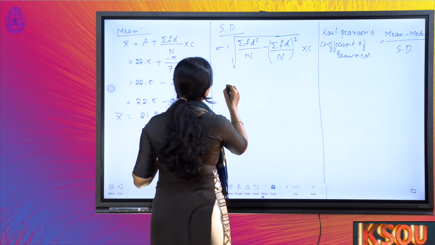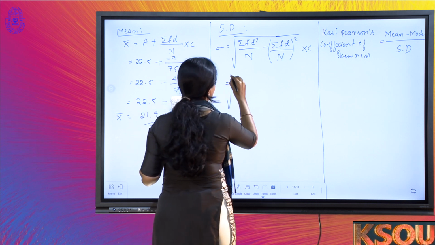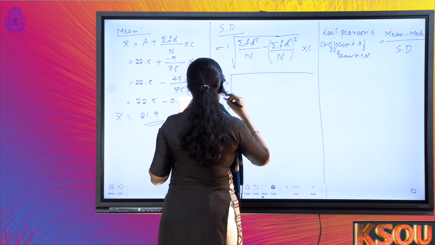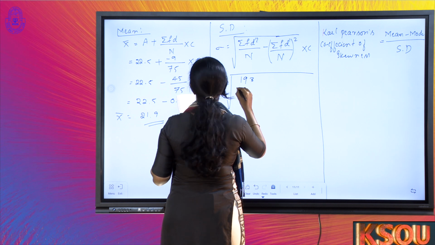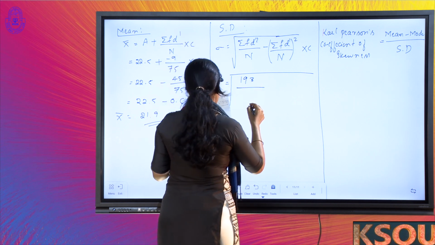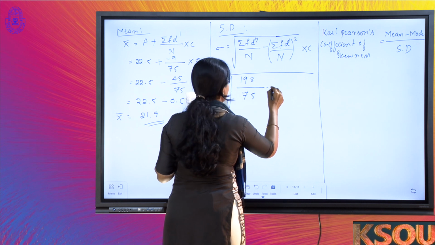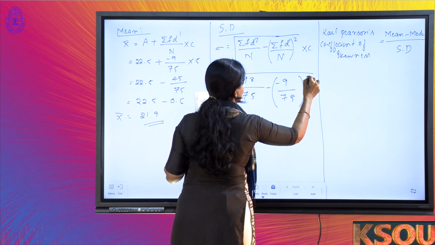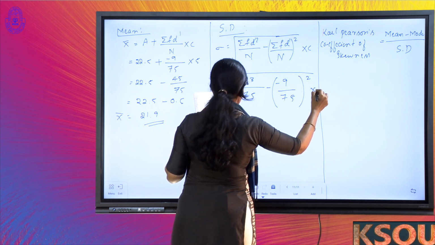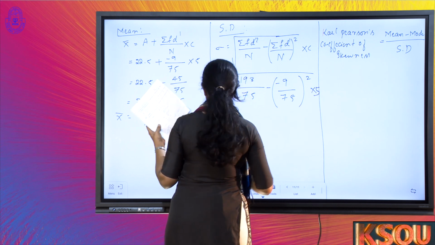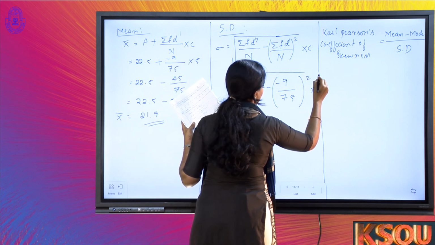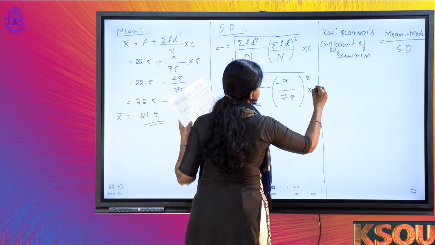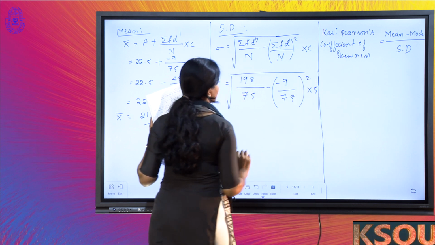So, after that you can calculate the standard deviation, that is square root of summation fd dash square, that is 193 by 75 minus of minus 1 by 75 whole square into 5. You will have to take this 5 out of the square root.